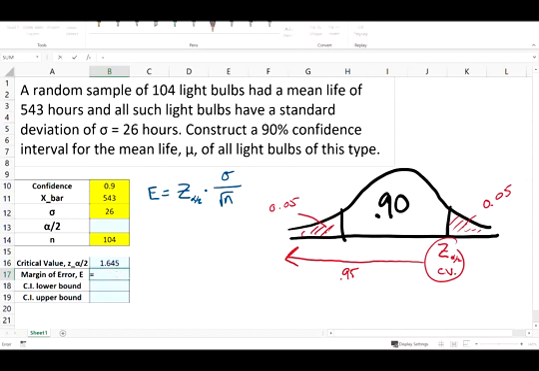So the margin of error should equal the critical value, which we have right here, times the population standard deviation, and that's divided by the square root of n, so SQRT for square root of the 104.